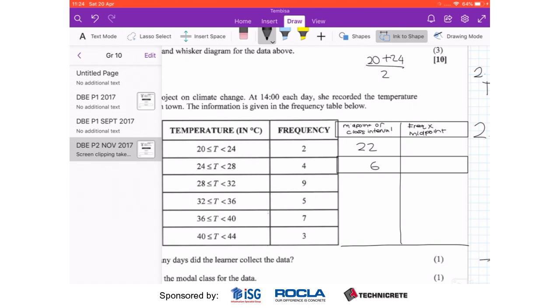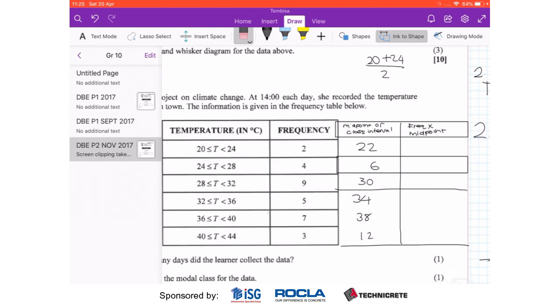The next one, 28 plus 32 divided by 2 is 30. The next one is 32 plus 36 divided by 2, 34. Next one, 36 plus 40 divided by 2, 38. And then 40 plus 44 divided by 2, 42.